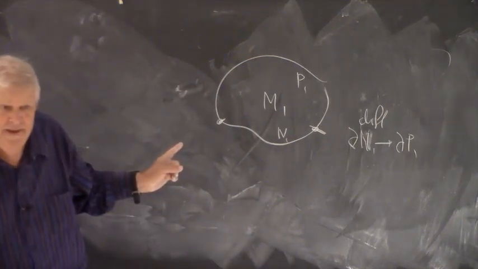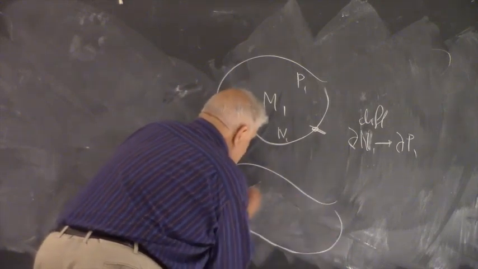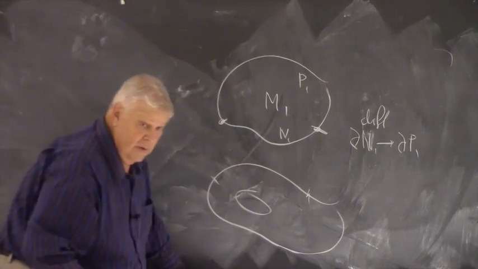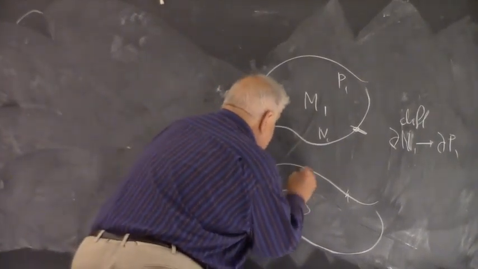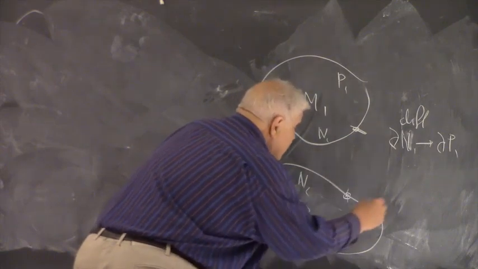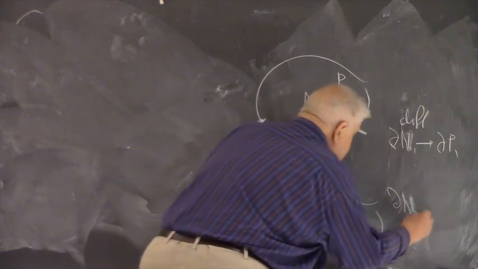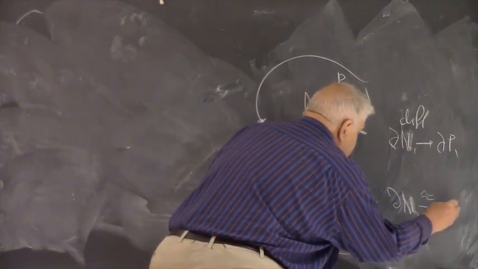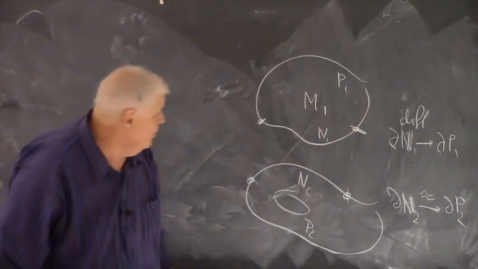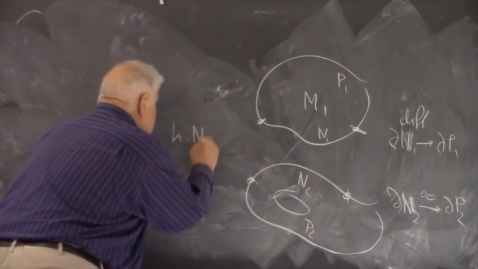Understand? Suppose that M2 is also a manifold whose boundary or part of boundary is obtained from N2 and P2 by a similar attaching, a diffeomorphism between dN2 and dP2. And suppose that we have a diffeomorphism only between N1 and N2.